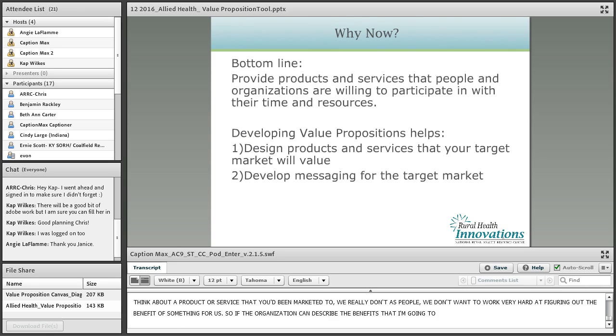So if an organization can't describe the benefits that I'm going to experience by using their product and service pretty succinctly and with language that resonates with me, I'm just going to pass it up and probably go on to a different solution or find a different thing to spend my time and money on. So that's the uphill battle you guys are in, and why we're working on value proposition today.